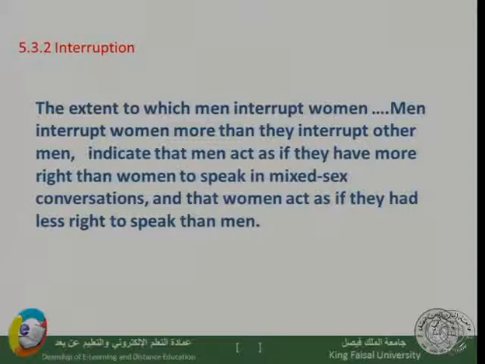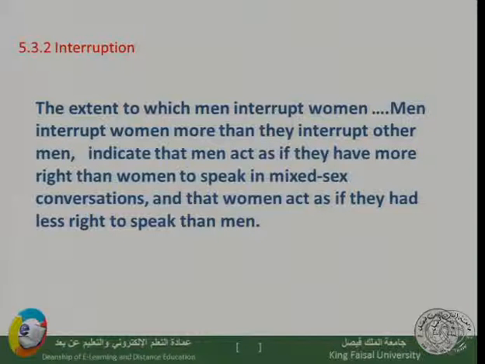According to the result of this research, men tend to interrupt women more than women interrupt men. So this indicates that men think that women have less right than they do, and the other way around.